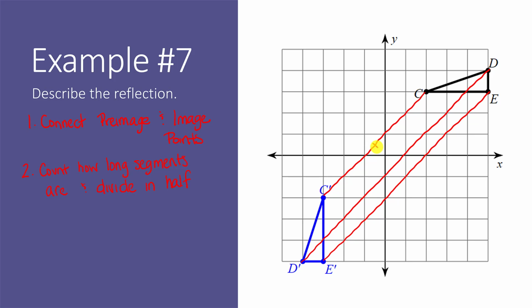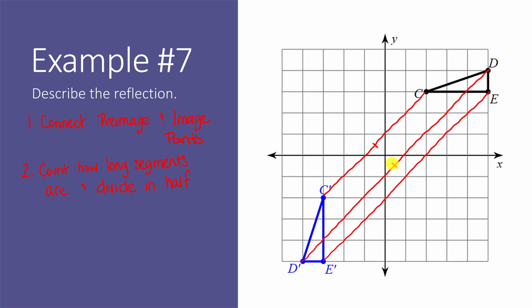And now do the same thing for D, D prime. So this middle one, 1, 2, 3, 4, 5, 6, 7, 8, 9. That's 9 diagonals long, so half of it would be 4.5. 1, 2, 3, 4 and a half.